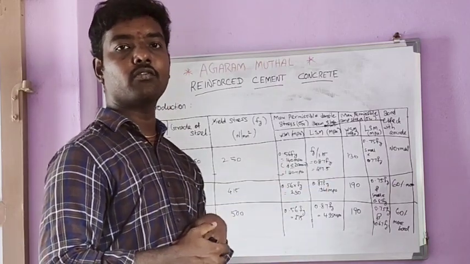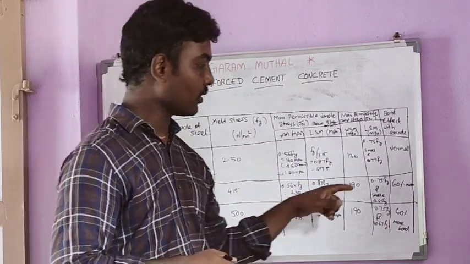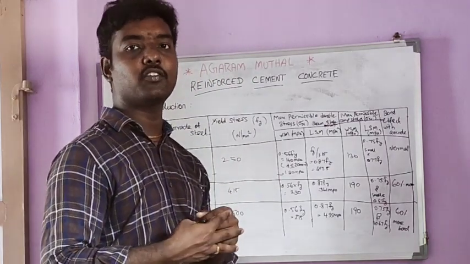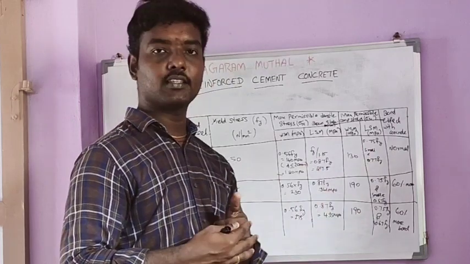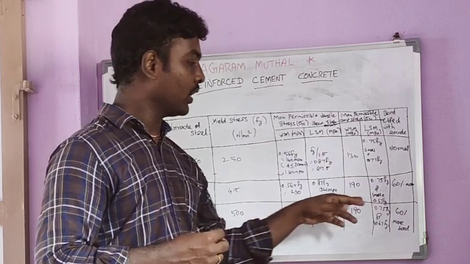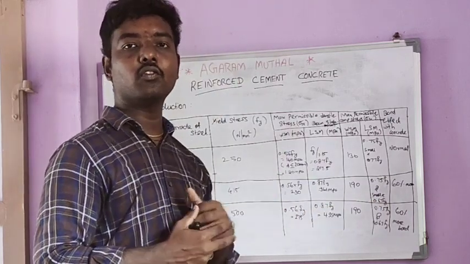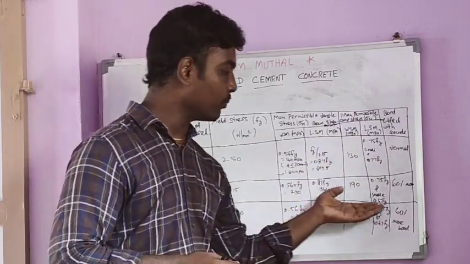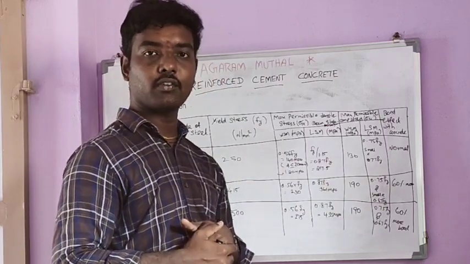For the limit state method, the maximum permissible compressive stress is 0.75 times Fy, same as Fe250, but for smaller eccentricity it is lower than Fe250: Fe250 is 0.77 times Fy, whereas Fe415 is 0.67 times Fy.